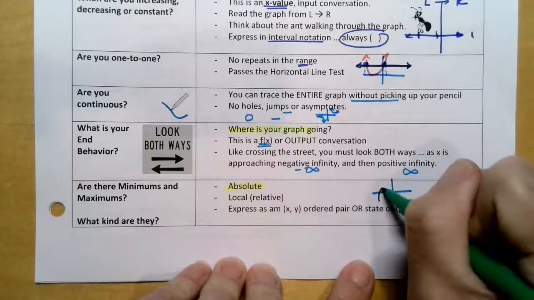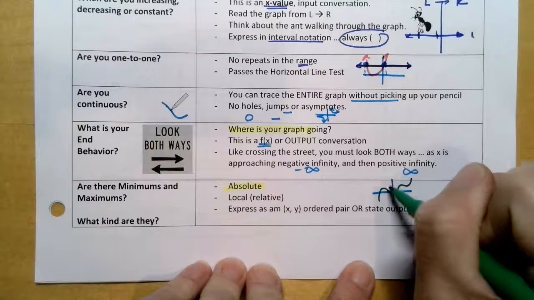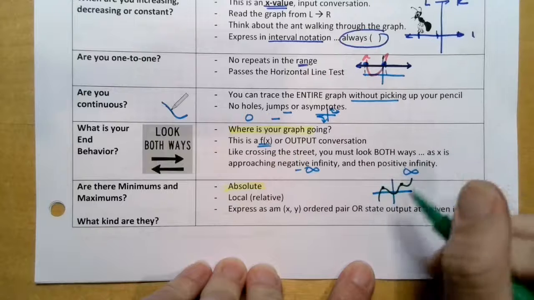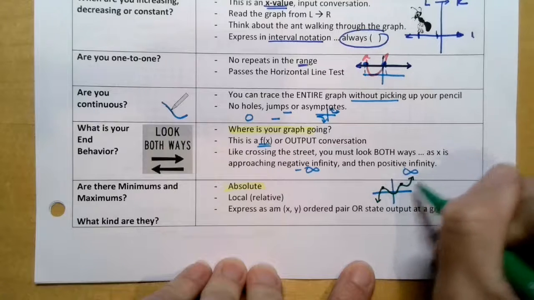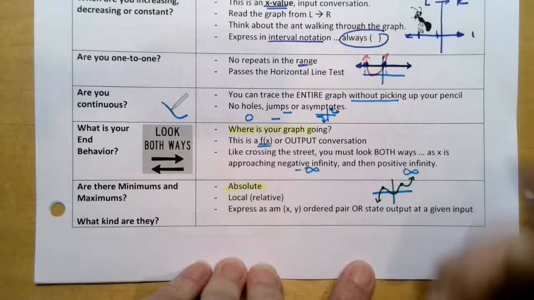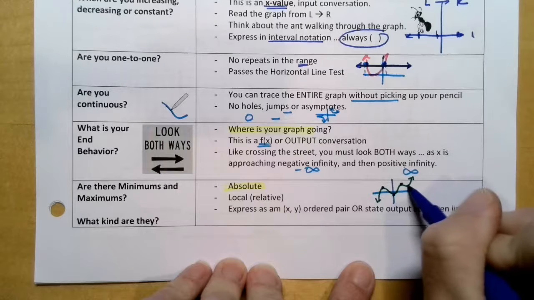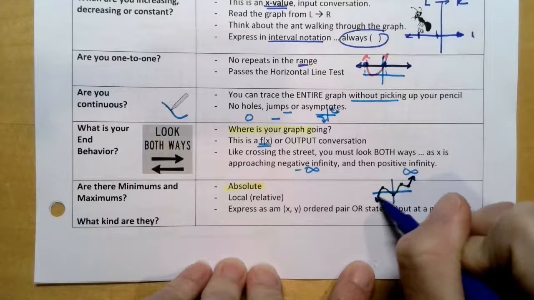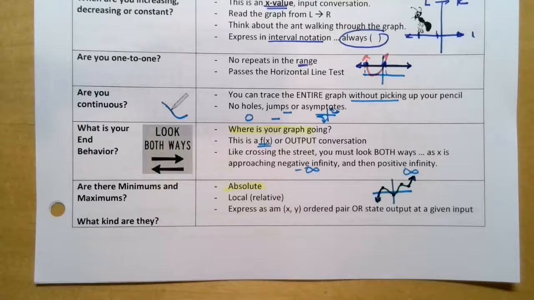So if I have a graph that looks like this, these two are going to be relative maximums, and these 2 points here are going to be relative minimums because this graph continues on in both directions forever. Keep these questions in mind when we go through the next couple graphs and questions.